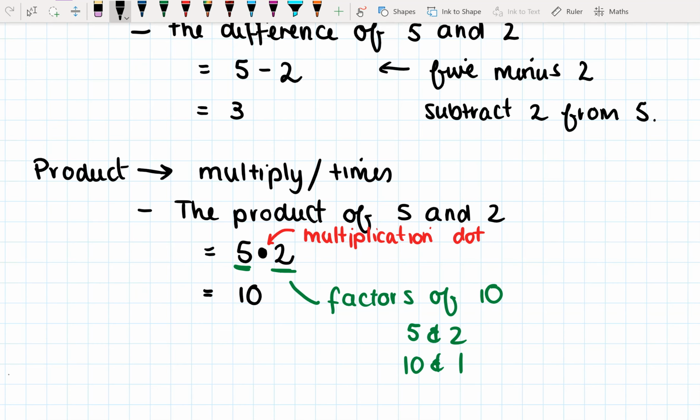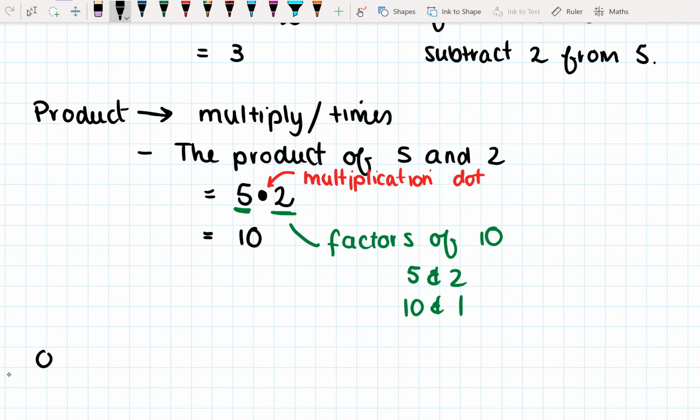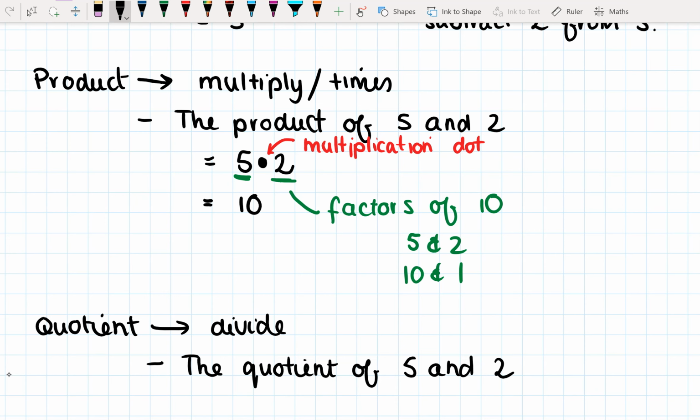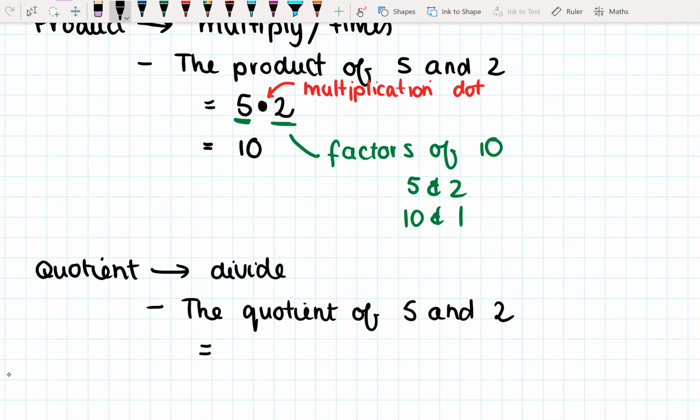All right. The next thing we have is what we call quotient. And luckily these words are the same in English as in Dutch. So we have quotient, and quotient means to divide something. So if we look at the quotient of 5 and 2, that means what we have is 5 divided by 2.